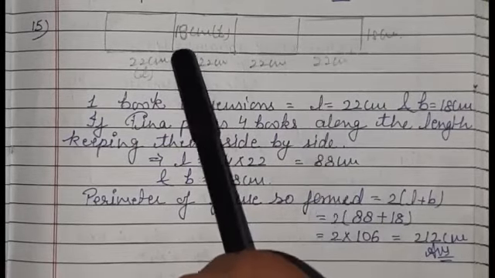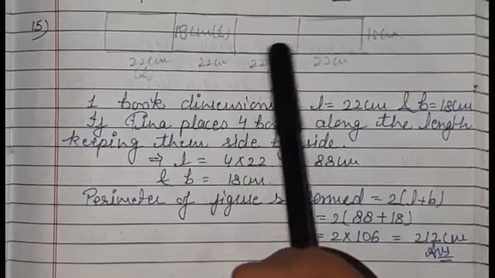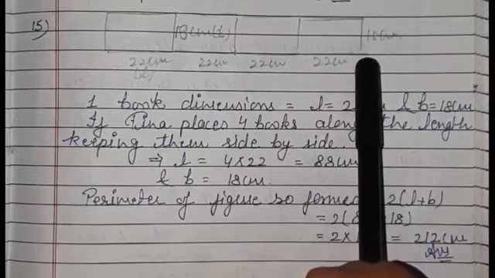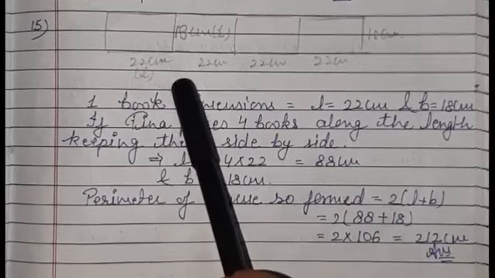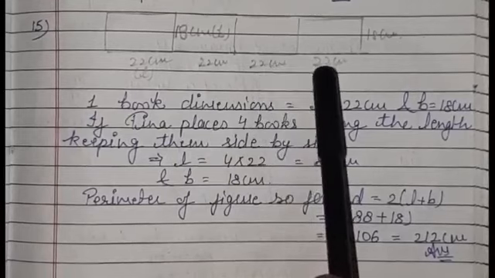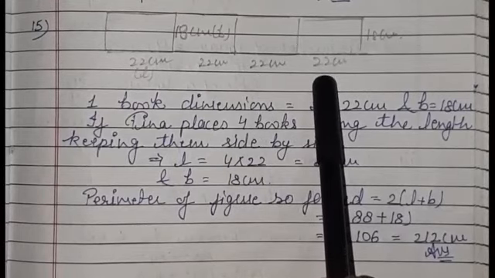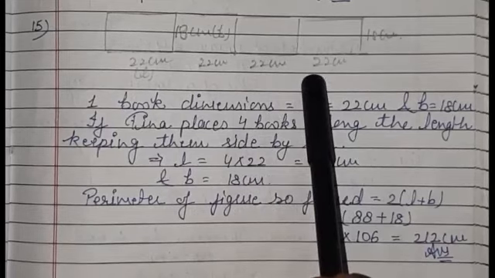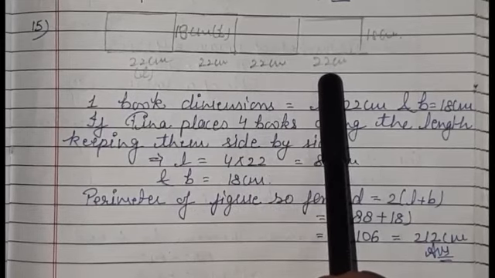Here you can see after placing the books there is no change in breadth, but length becomes 22 plus 22 plus 22 plus 22, which means 4 times we have to add 22. Clear?